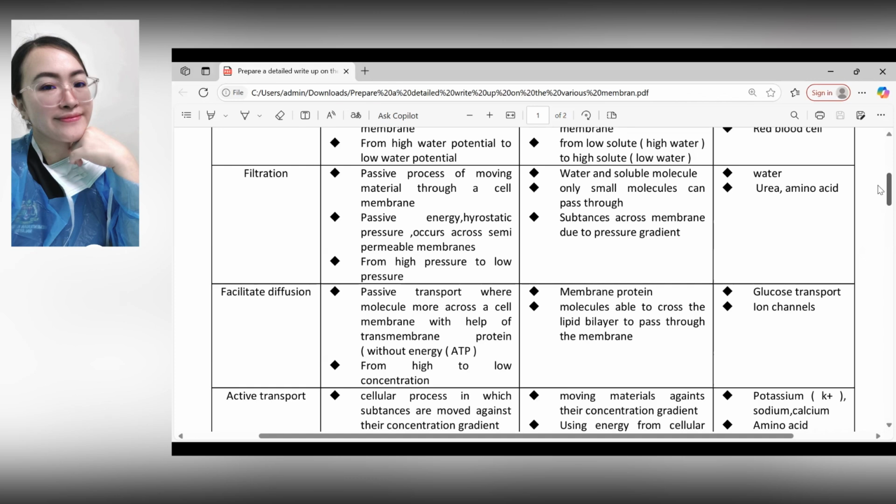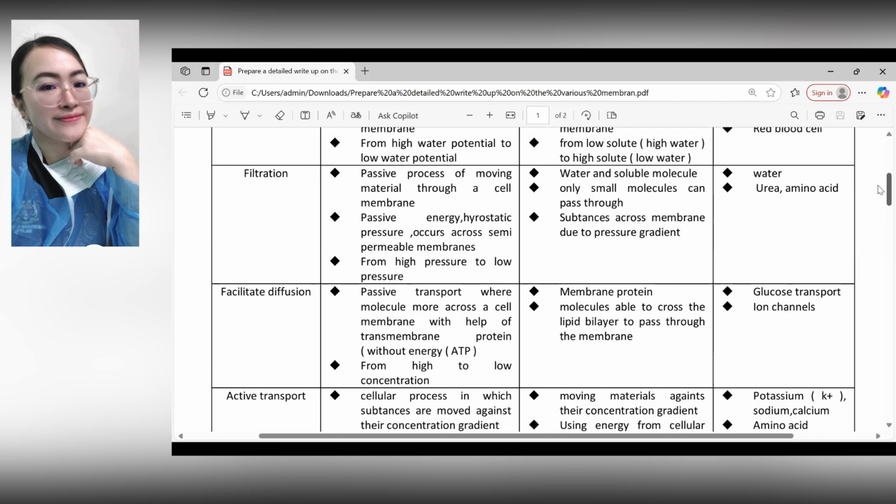The substance transported is water and soluble molecules. Only small molecules and substances can pass across the membrane due to pressure gradients. Examples of filtration are water, urea, and amino acids.